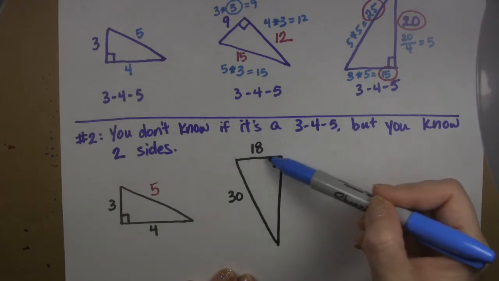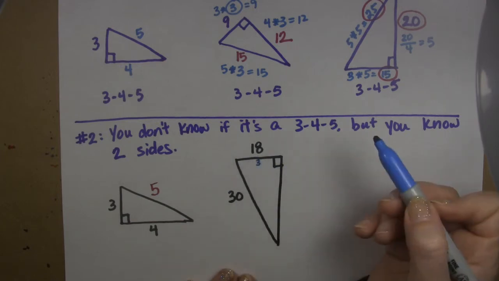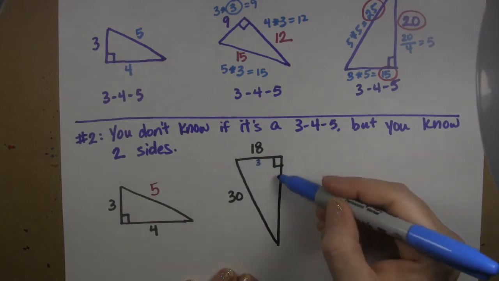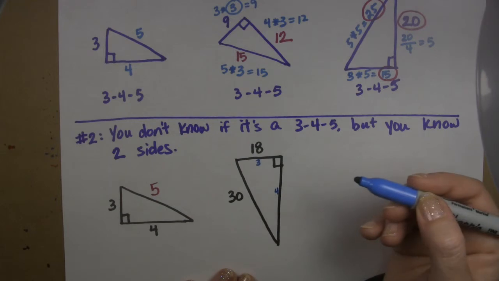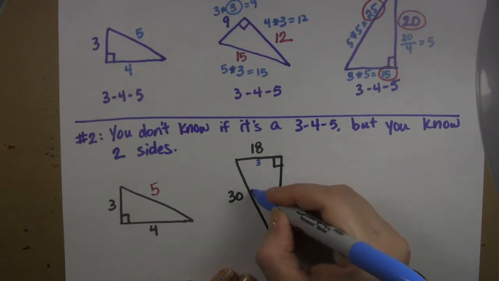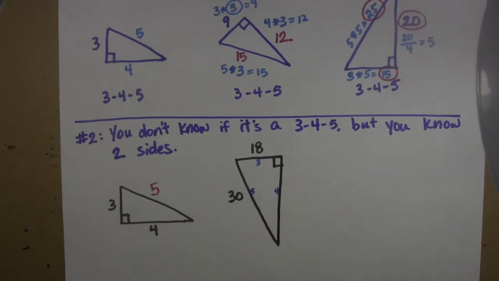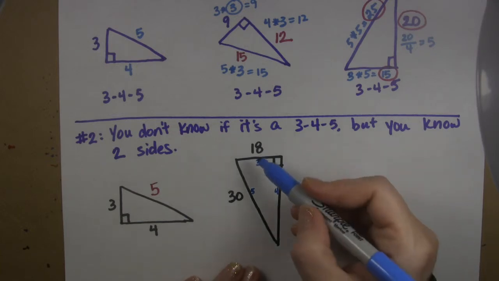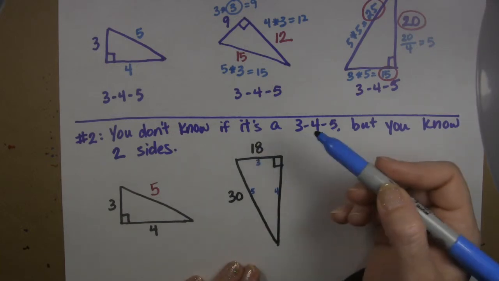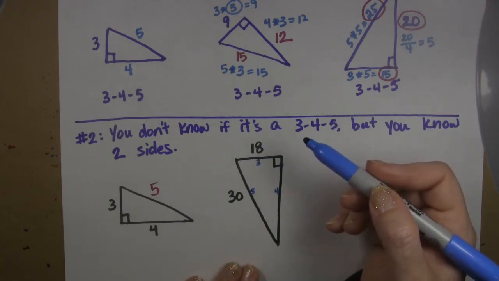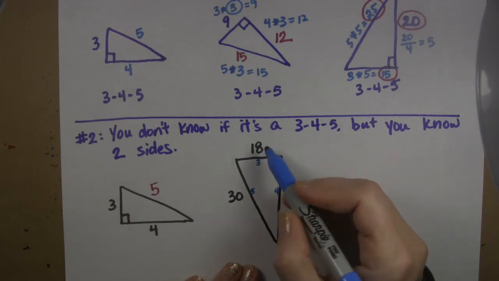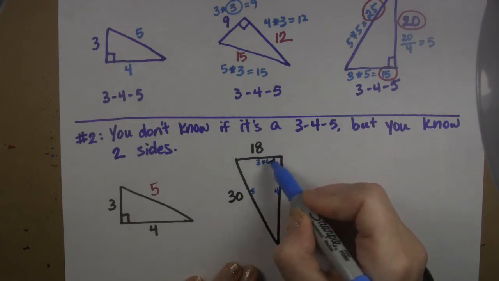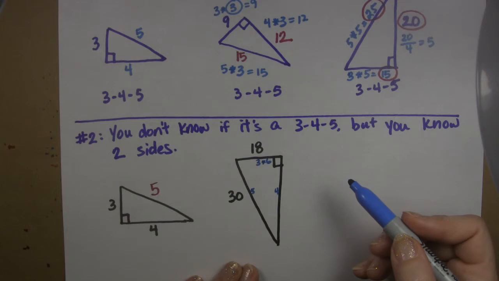So this side, this short side, would normally be the 3 side, right? And this leg over here would normally be the 4 side, and then the hypotenuse would be the 5 side, right? If it were a 3, 4, 5 triangle. How do I get from 3 to 18? I multiply by 6. So if I do 3 times 6, that gives me 18.